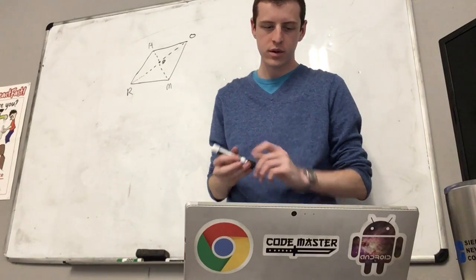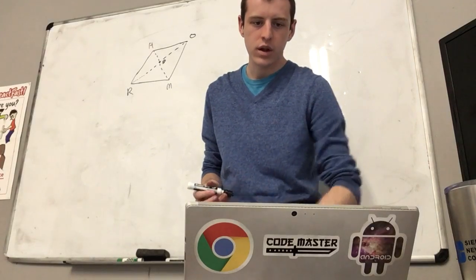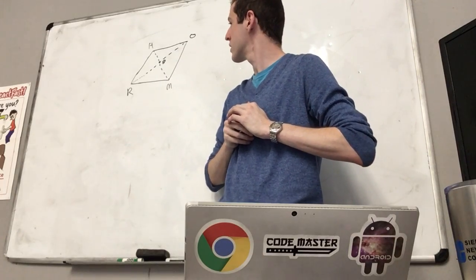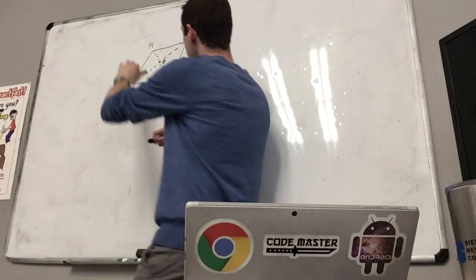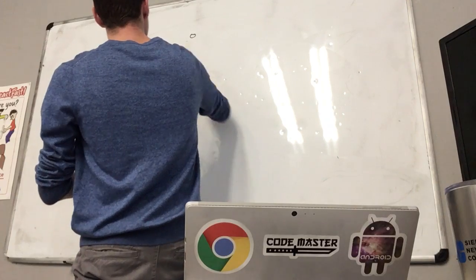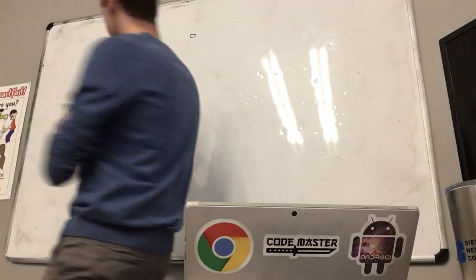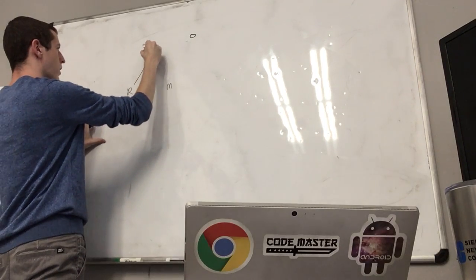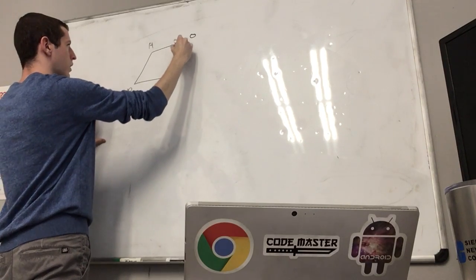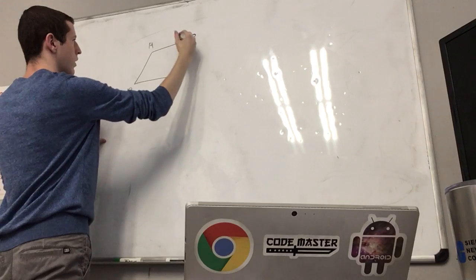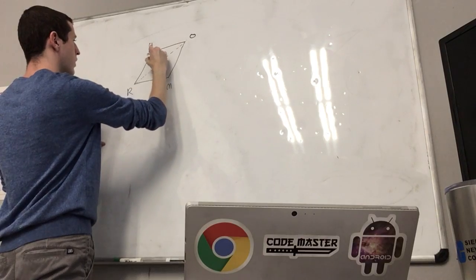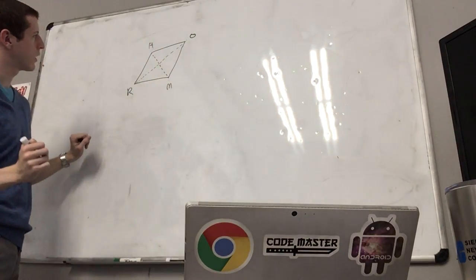So, do the diagonals bisect each other? Yeah, I wish I'd drawn it better. I'll make this a little better. Give it one more try. Cool.